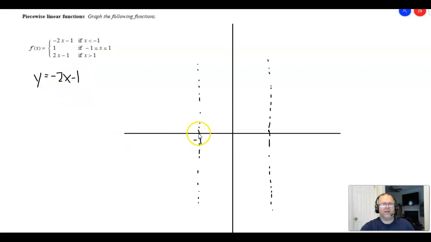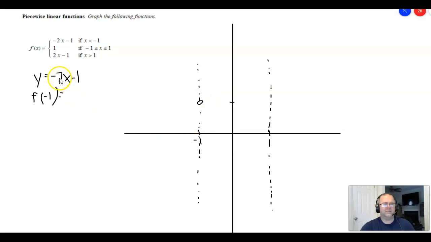If we were right at -1, let's put -1 in there and see what we get. So f of -1 is equal to, plug a -1 in there, -2 times -1 is 2, and 2 minus 1 is 1. So if we go up here to 1, it looks like it's going to be right here, so I'm going to put an open hole.